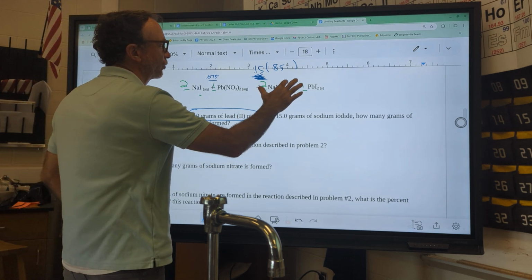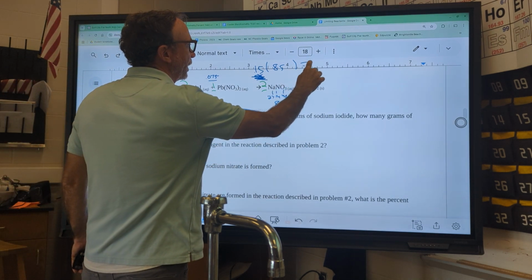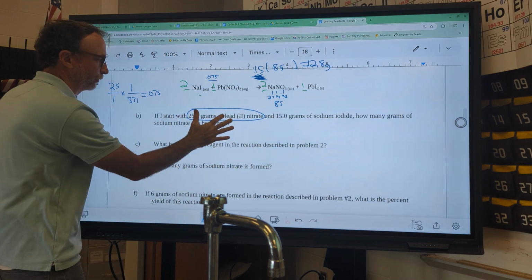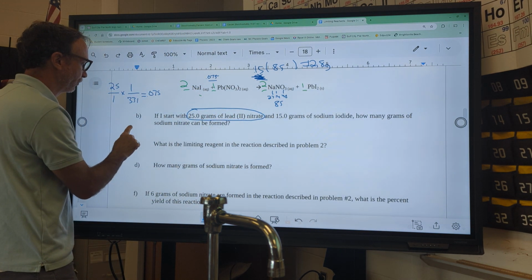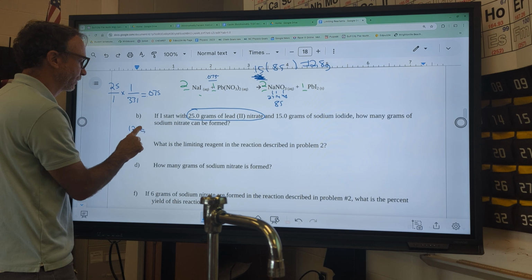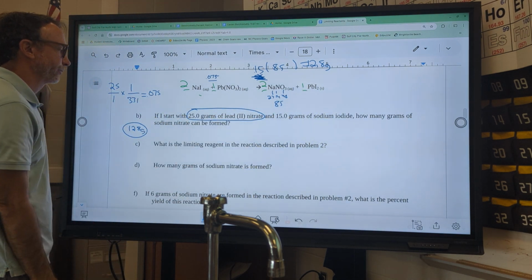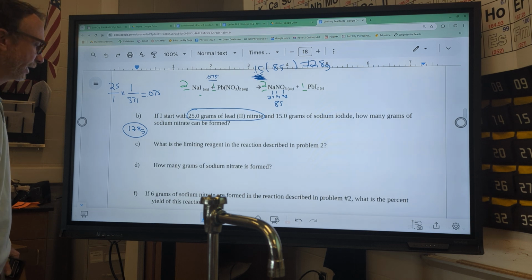Yeah, 12.8. So we would make 12.8 grams. So if we use the lead 2 nitrate, we would make 12.8 grams of sodium nitrate. All right, let's try it now.